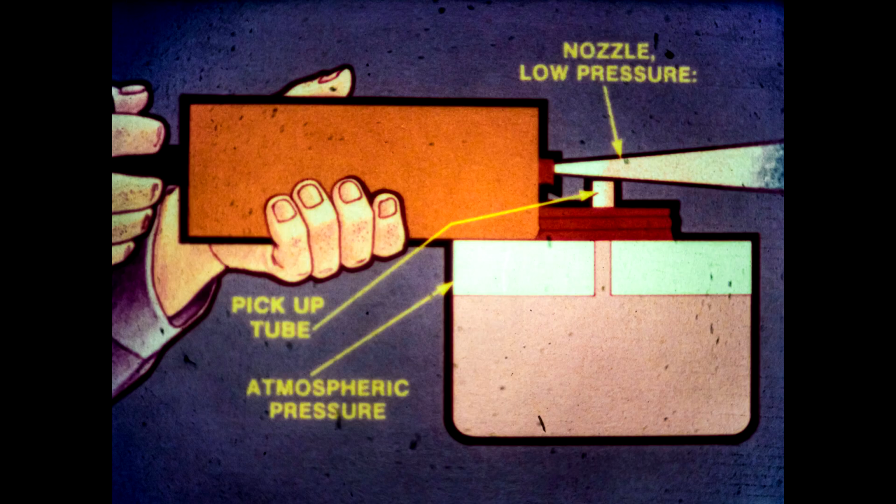Pushing the handle forces air through the nozzle at high speed, creating a low pressure area over the pickup tube. Fluids flow from high to low pressure areas. Therefore, fluid moves up the pickup tube, mixing with high-speed air, forming a fine spray. Air pressure difference causes the fluid to move, and that's the key to carburetor operation.